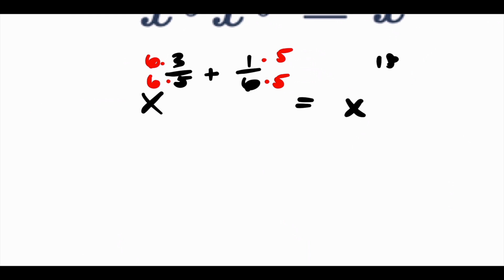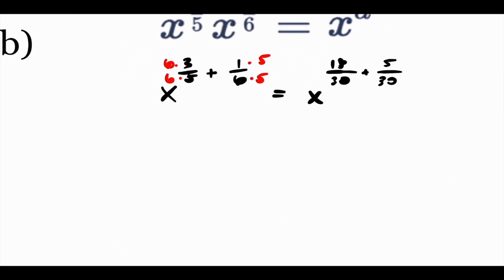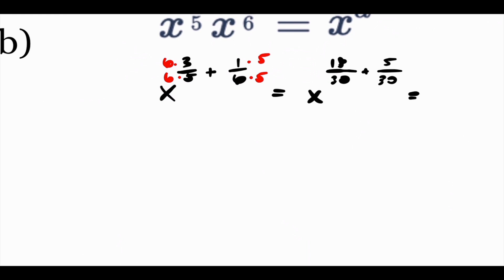So I get 18 over 30 plus 5 over 30. Common denominator is 30. Add. We get 23 over 30. Can't reduce that. So my power is 23 over 30.